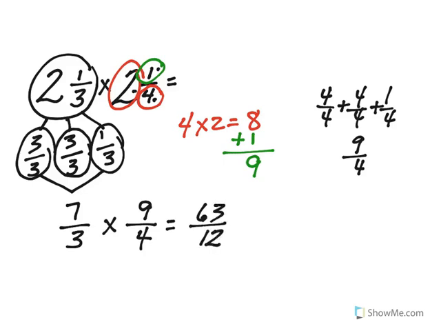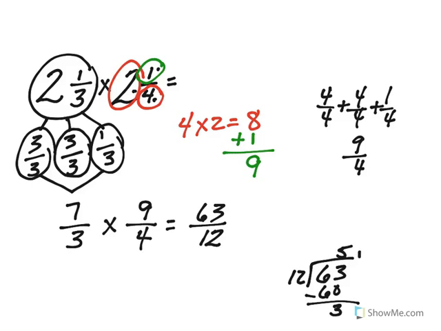Now of course I have an improper fraction, and we know that we can use number bonds if we need to, and we would have 12/12 five times and 3/12. We would figure that out that way, and it would work. But we also now know that every fraction is a division problem, and when I divide 63 by 12, I'm of course going to get 5, and 5 times 12 is 60.